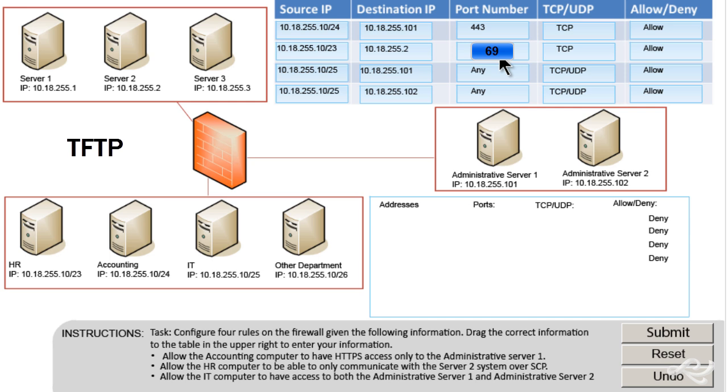TFTP is the Trivial File Transfer Protocol. It could be they're just sending very basic information over TFTP. It could be for grabbing an image when booting off the network or something like that. And it's something that the user doesn't even do. It could be just the computer's doing it. And so TFTP would use port 69, and that would actually have a UDP transport mechanism as opposed to TCP.